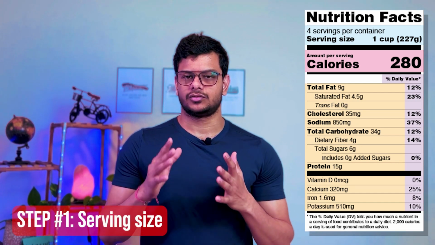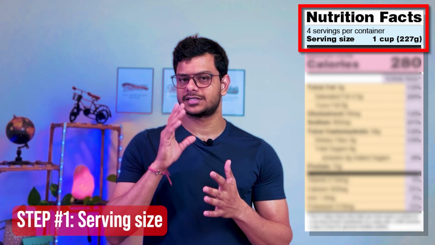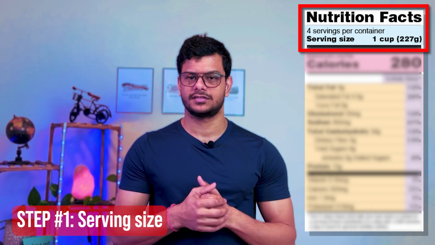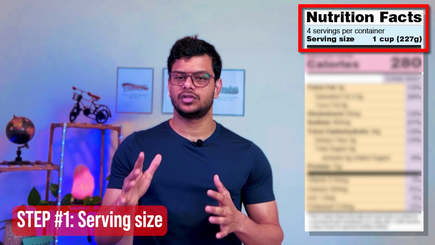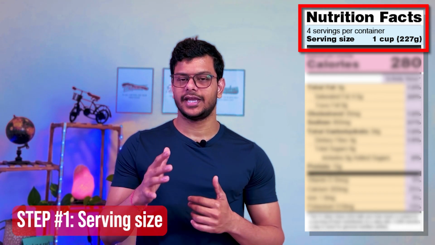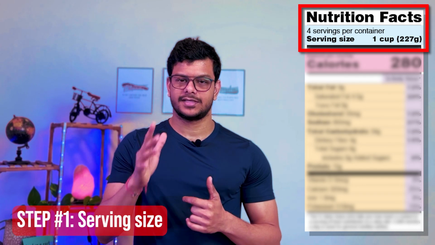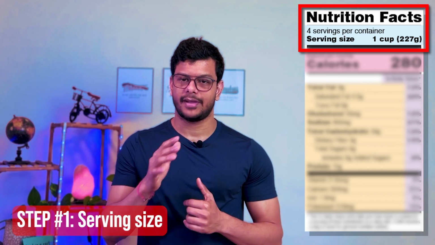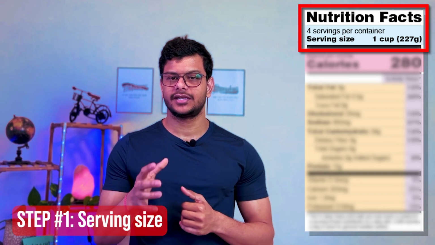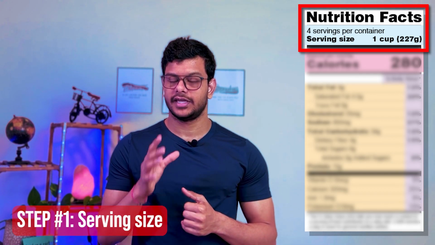Step number 1 is to know the serving size present in the nutrition label and also the number of servings it has. This is important because the number of servings indicates how many servings are present in that particular packed food, and the serving size indicates the weight or measure of each serving.